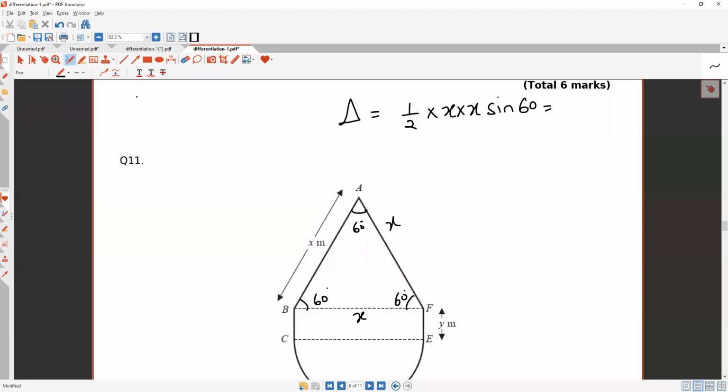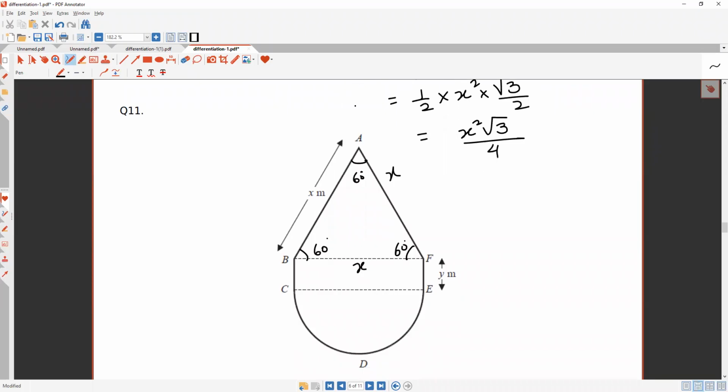Sin 60 is root 3 by 2. So can I write half x square into root 3 by 2? So x square root 3 by 4 is your triangle's area.